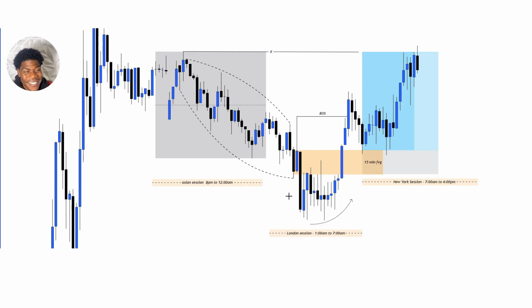So during the London session, price rallied lower to clear these Asian lows right here and to tap inside of this old order block to then push up higher during the New York session during this specific time right here to then rally higher to give us this continuation move to clear our old Asian highs. This right here is how time and price gives us these amazing trades with exact precision.